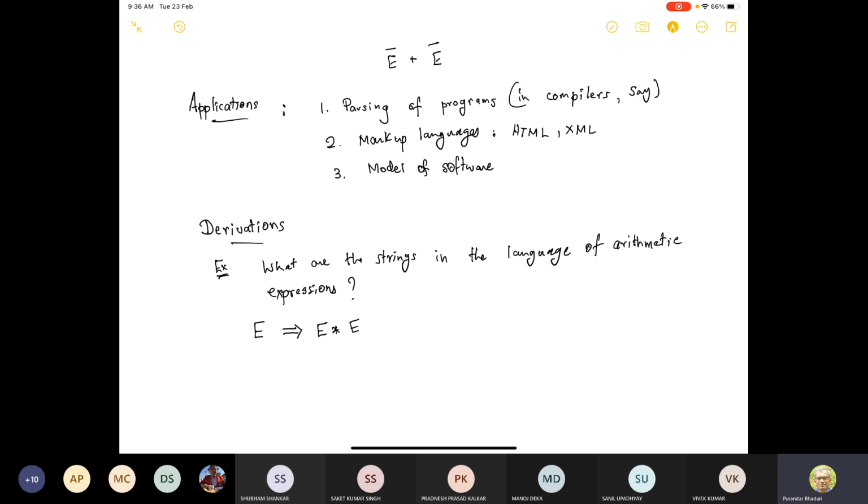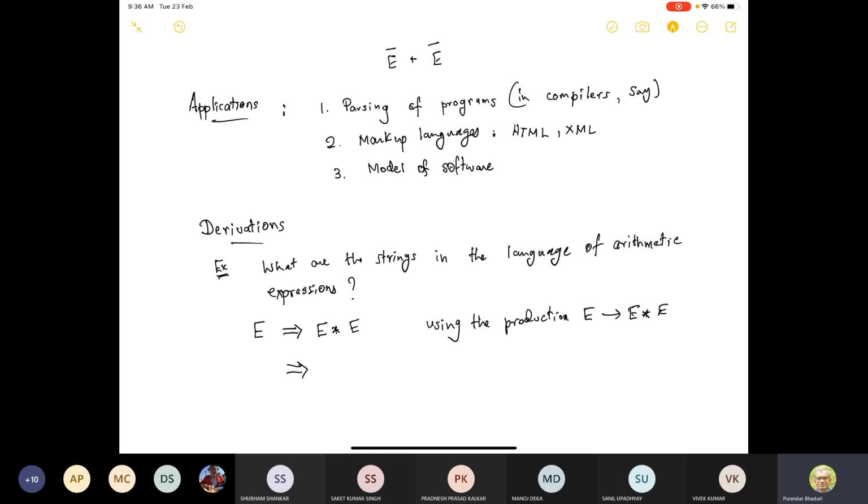Let me write on separate lines, okay? So here we are using the production. So each derivation is actually a sequence of rewrites like this.